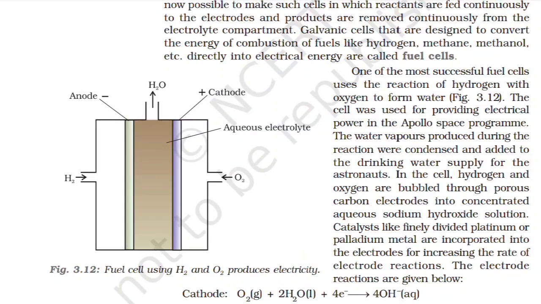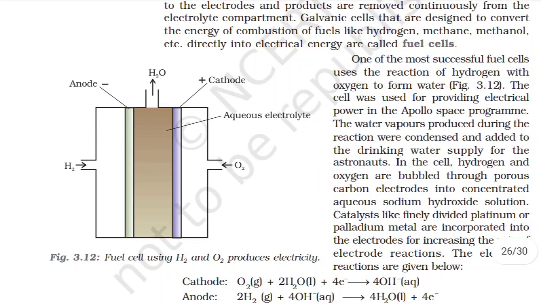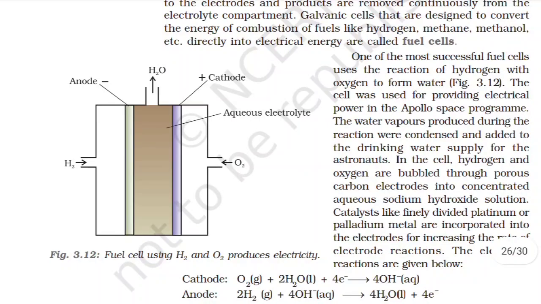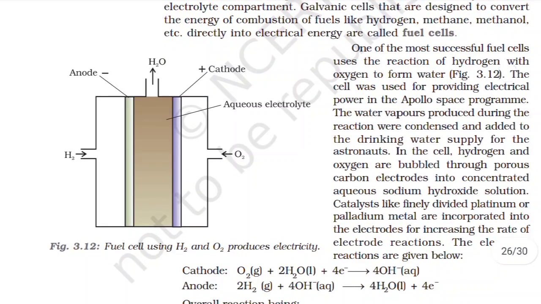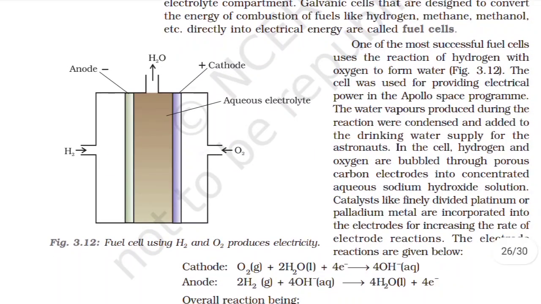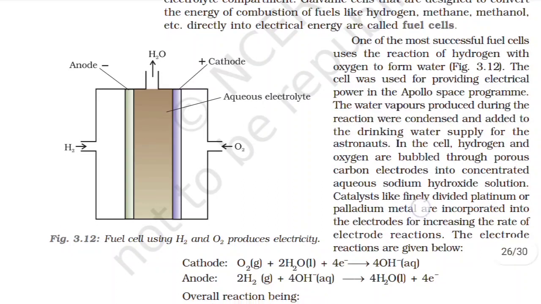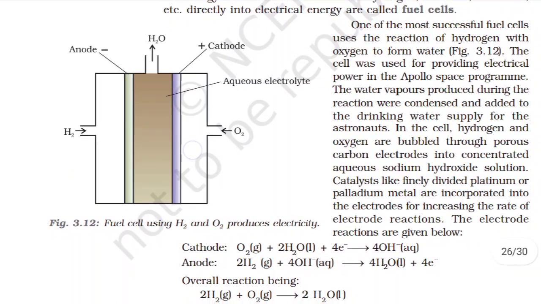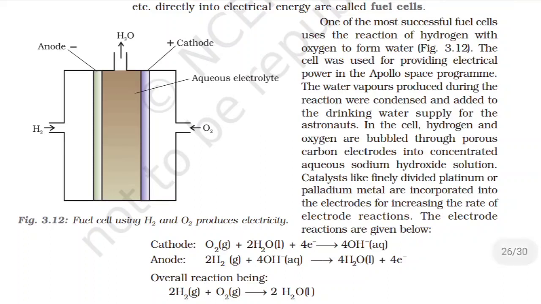One of the most successful fuel cells uses the reaction of hydrogen with oxygen, as given in this diagram. This hydrogen-oxygen cell was used in the Apollo series of rockets for generating electricity.